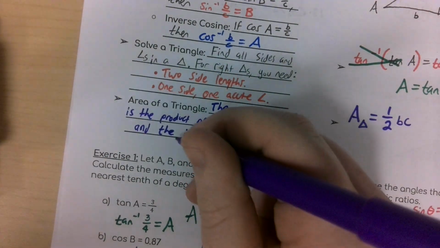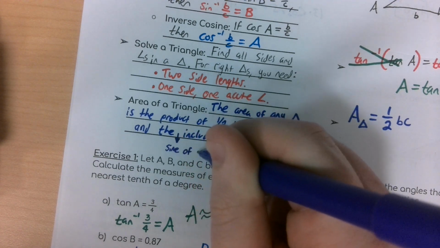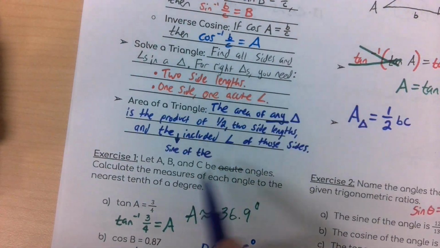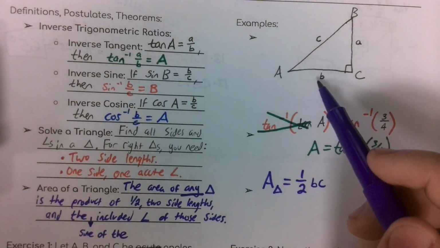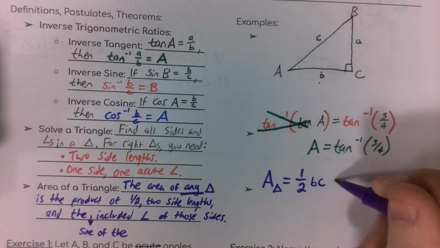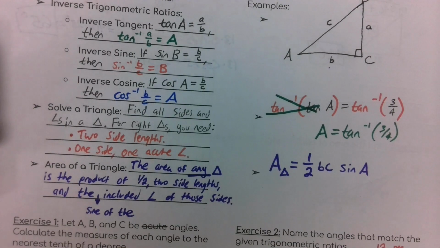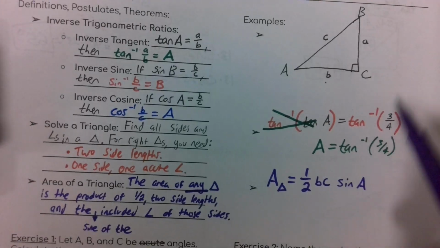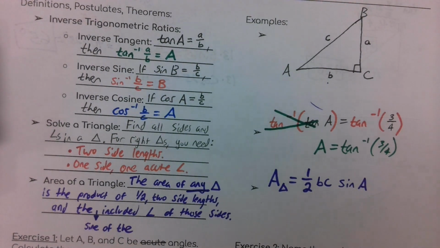I realized I forgot part of the definition. We want to use the sine of the included angle of those sides. The included angle between B and C would be A here. So 1/2 times BC times sine of A would be a formula we could use in this triangle. We really don't need to attribute certain letters to certain angles for this one, though, because it's universal. As long as the angle is in between the two sides, we can use it.